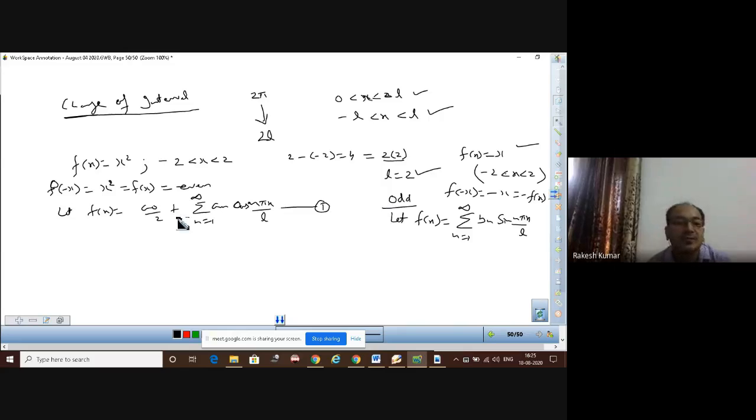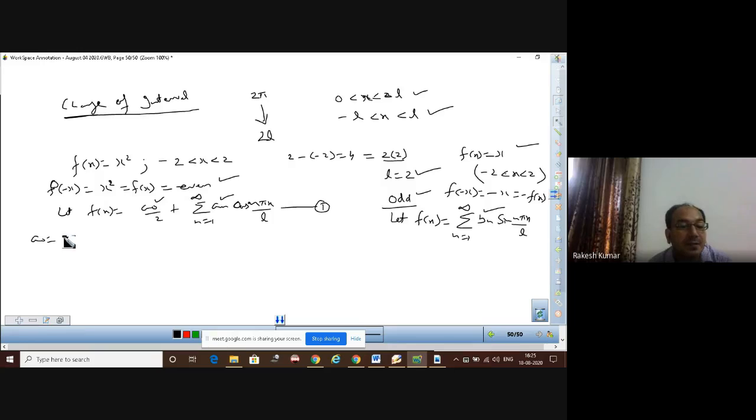Ultimately, when the function is even, we need to find only a0 and an, but when the function is odd, we need to find only bn. So this is the meaning.